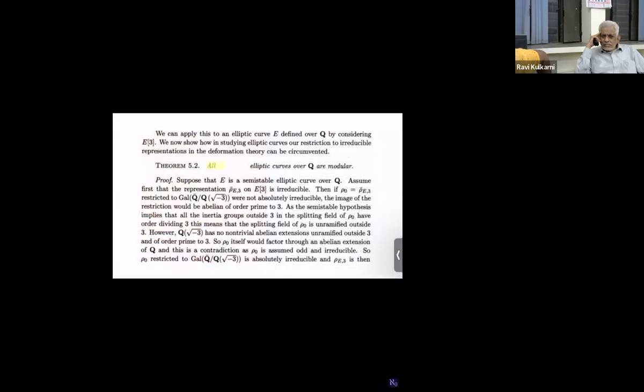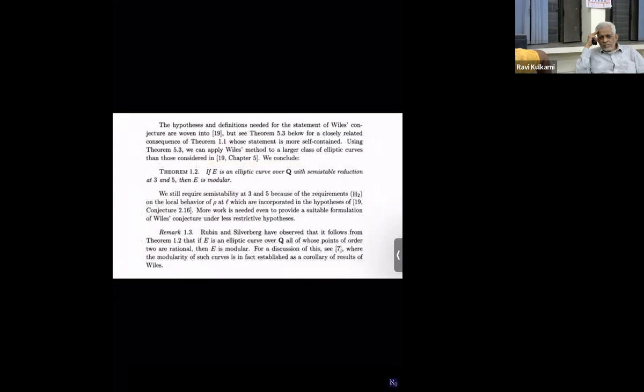Specifically, he proved the following statement: every blank elliptic curve over Q is modular. The blank over here is an adjective, semi-stable, and it was known that this statement was enough to prove that Fermat's last theorem was true. Slowly, in the years after, people started removing conditions on the theorem.